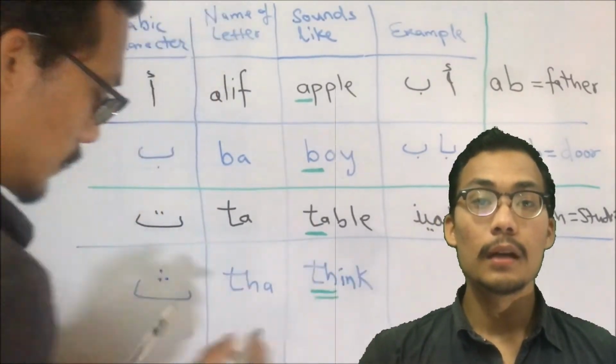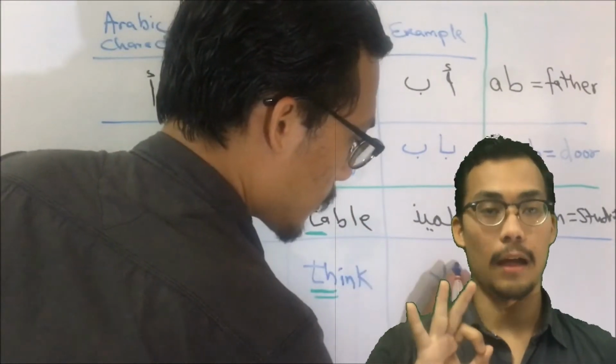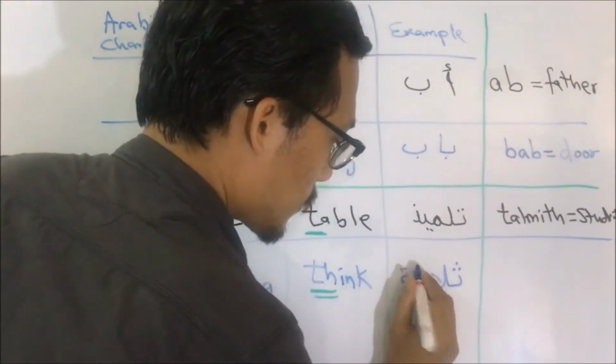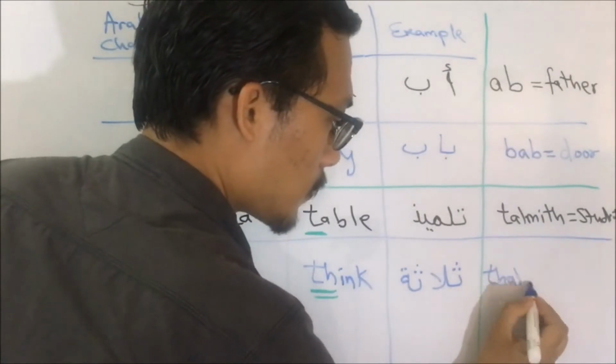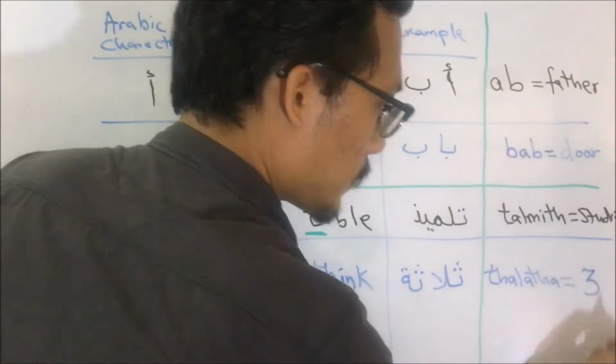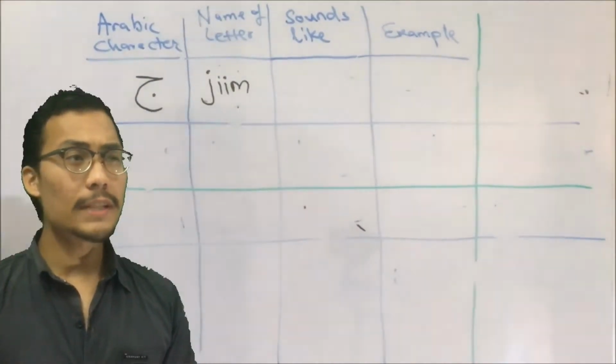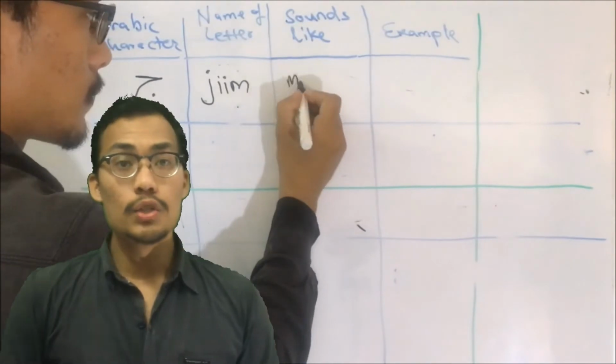Example would be ثلاثة. Jim sounds like the J in major. Jamil.